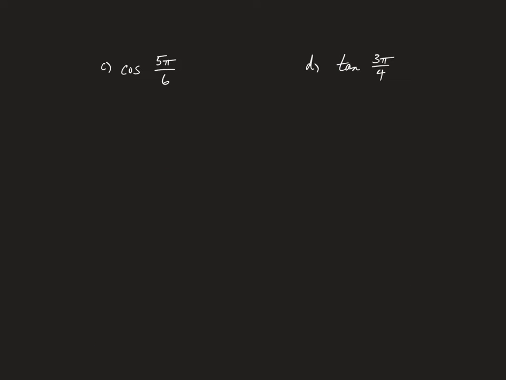Let's take a look then at part C. The cos of 5 pi by 6. So we go through and we now have our rotation angle. Let's put on a quick set of axes and we're going to rotate 5 pi by 6. Notice I need to rotate 5/6 of pi.